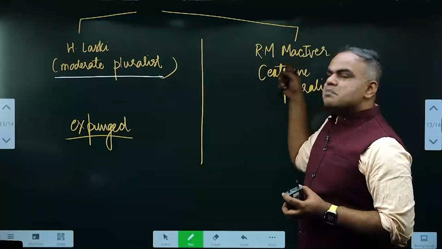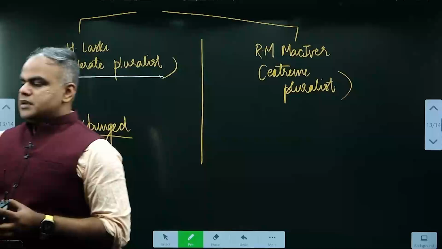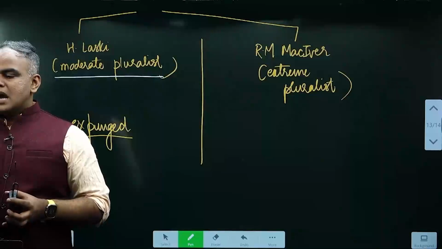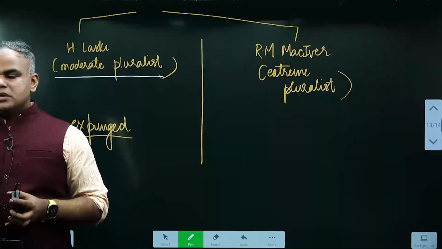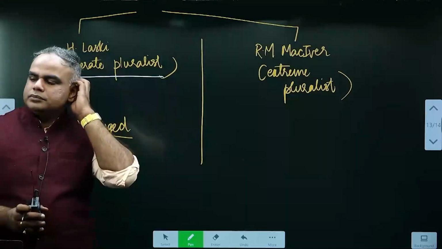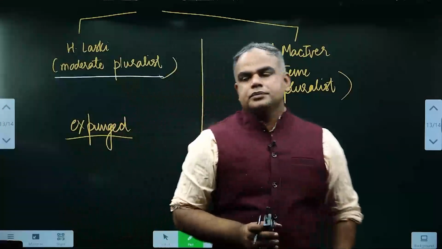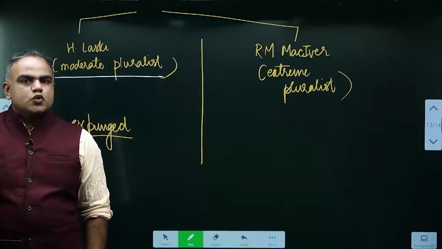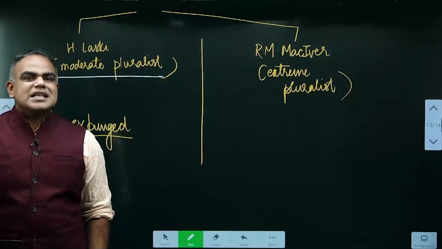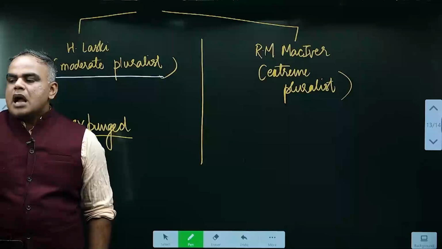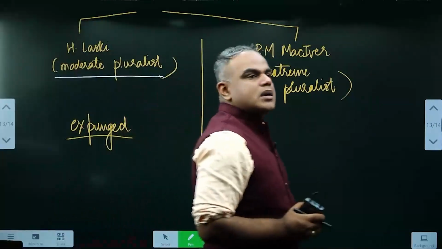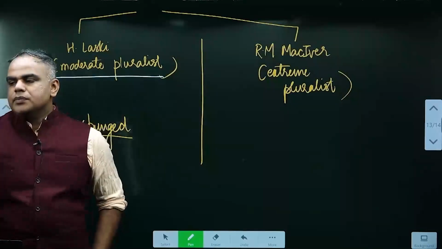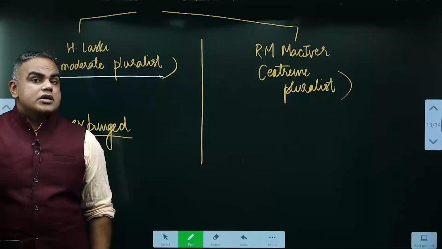Now change, right? R.M. MacIver, comma, an extreme pluralist, comma, treated the state as one association among many, and articulated the idea of the service state.